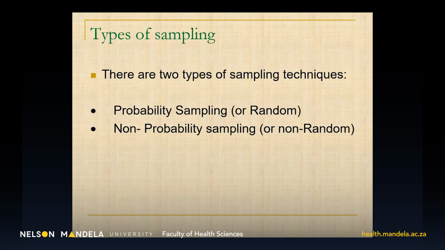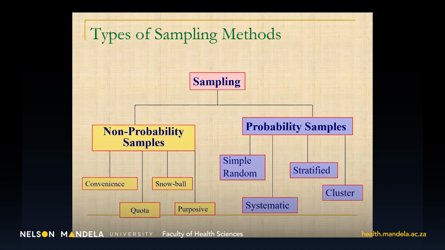Now, types of sampling, I've just mentioned it here in the design of sampling. There are two, as I've just said: probability sampling, let's remember this, probability or random, and what we call non-probability sampling or non-random. Those two, and we'll go into more detail on these two. I've got a diagram for you here.